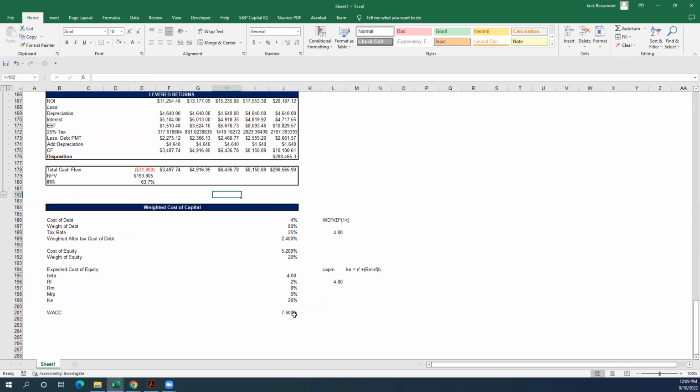Additionally, you can do the net present value divided by your initial investment. I'm putting a negative in there to reverse it, because I don't want this to come out negative if it's not. That gives you your profitability index.